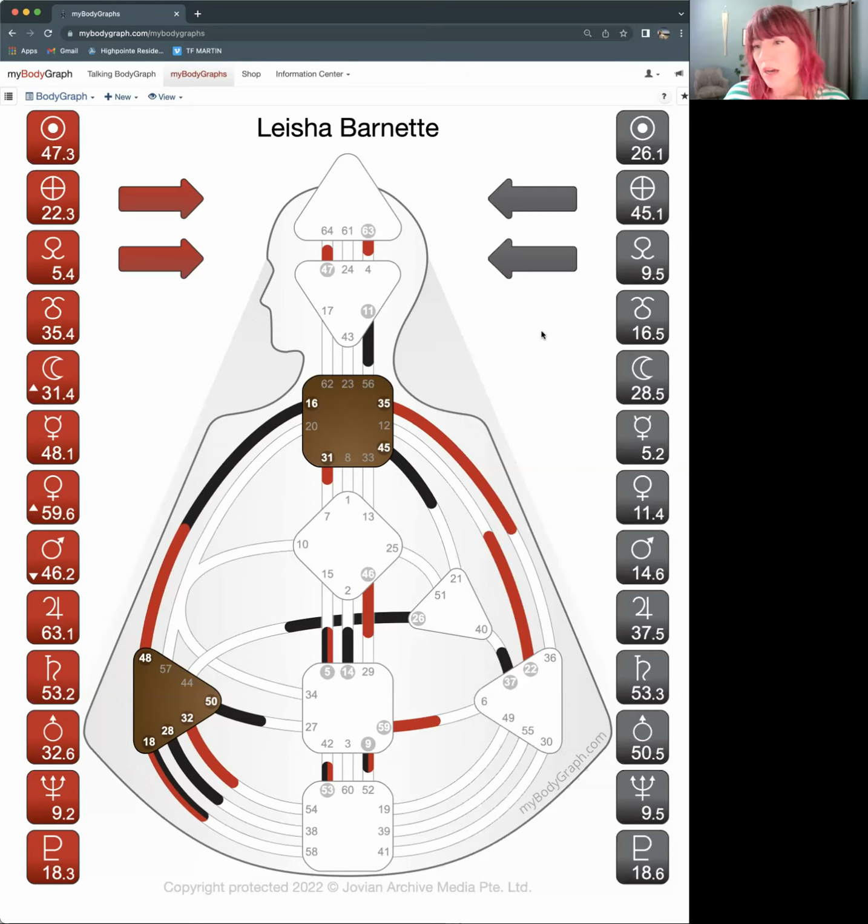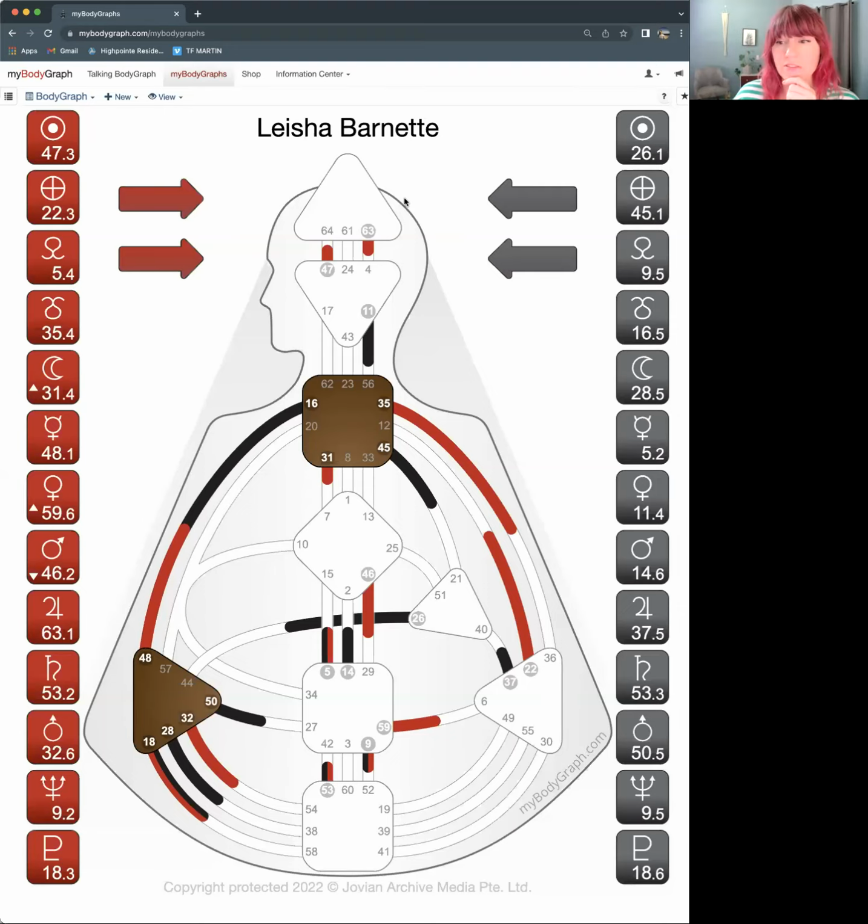Okay, so when we look at the Ajna, last week we talked about the head, where we take in inspiration and ideas, where the points of the human thought process start. If we're defined in the head, we're sending out inspiration for others.